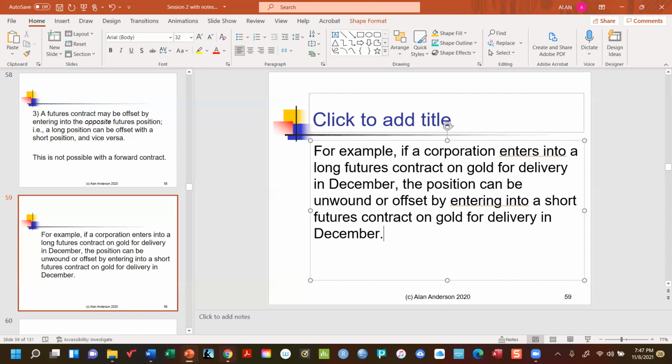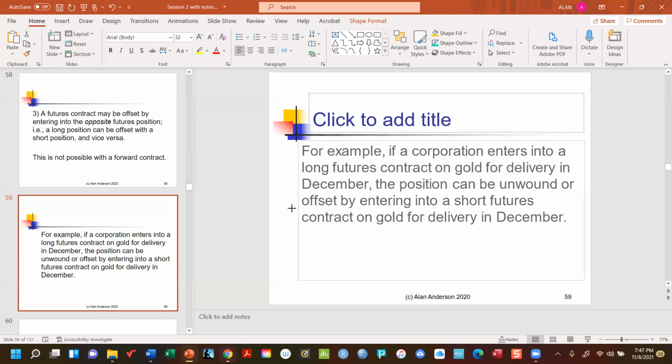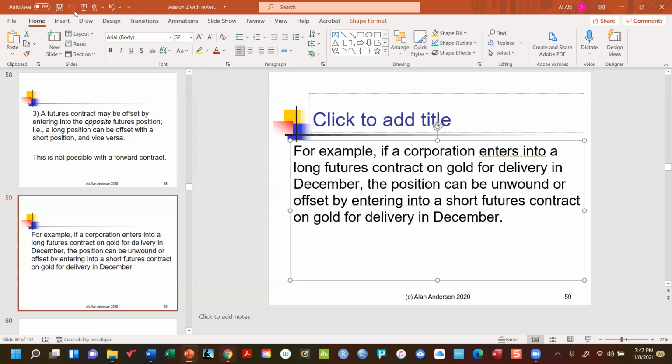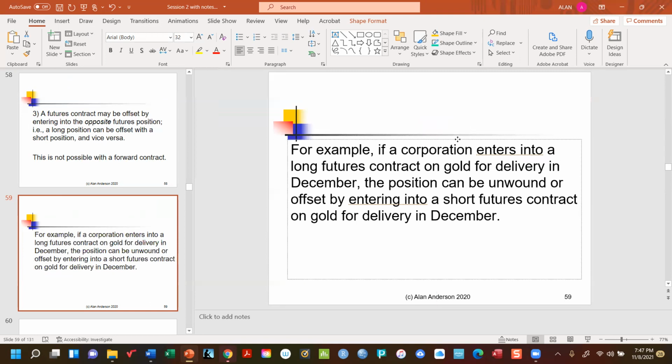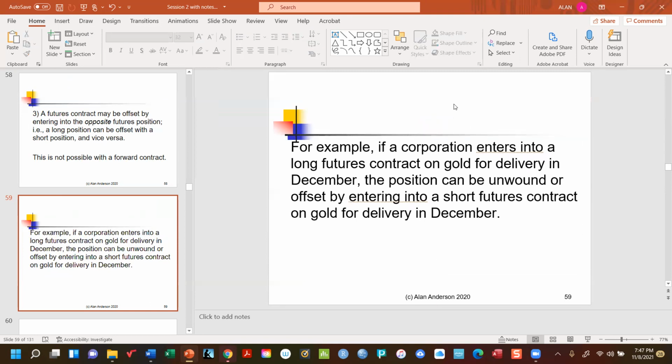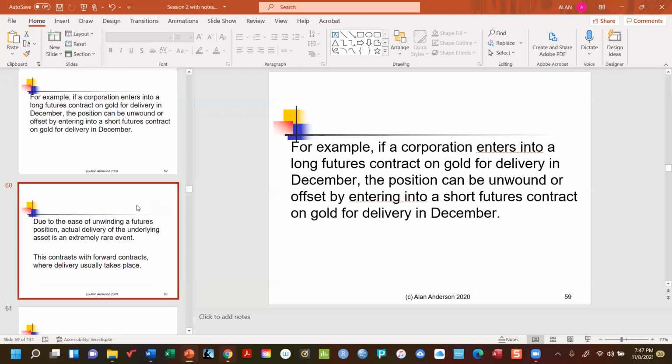Whereas with a forward contract, really none of this is feasible. It's not impossible, but it's not nearly as easy as it is with the futures contract. So when you enter into a forward contract, you're pretty much entering into a binding agreement, which is very hard to get out of if necessary. So if you need the flexibility, you might be better off with futures rather than a forward contract.